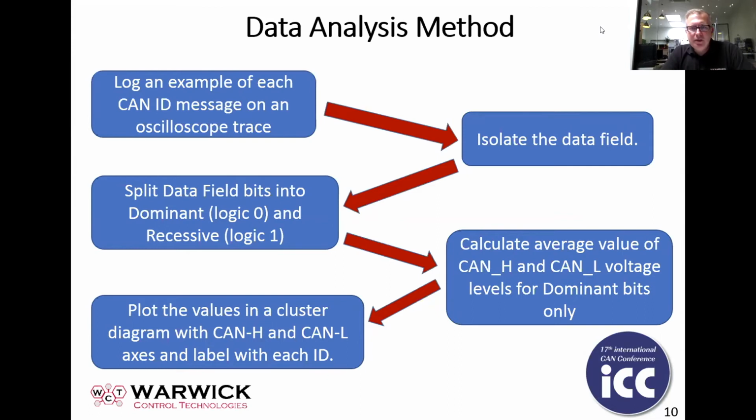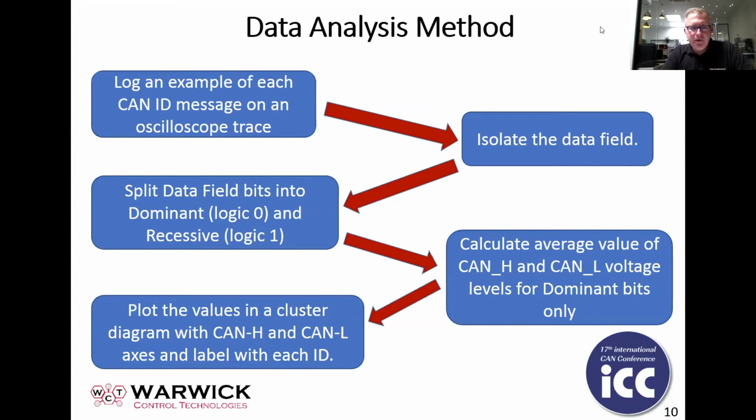Then we isolate the data field. We've done this just using VBA scripts inside Microsoft Excel. That's something very simple, but you could use other ways of doing this. We've pulled out the data field part of the CAN frame, so we're removing the CAN identifier and the acknowledgement field.